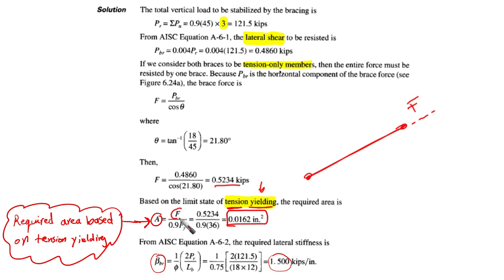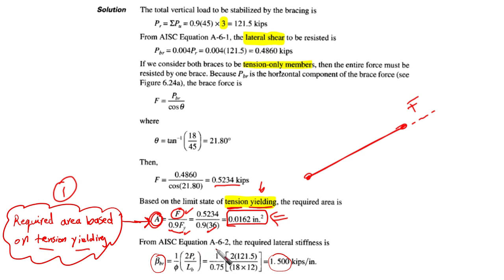So we are going to have the required area equal to F over 0.9 F yield, based on tension yielding. F is known, and F yield is known because we are dealing with 36 ksi steel, and then we are providing the area. So this is the first condition, based on the limit state of tension yielding.